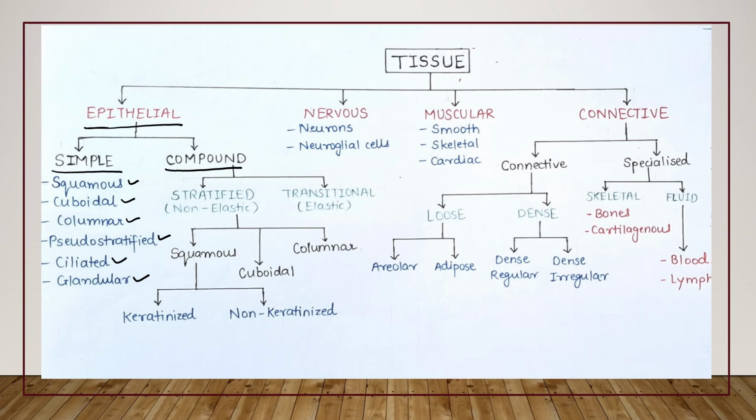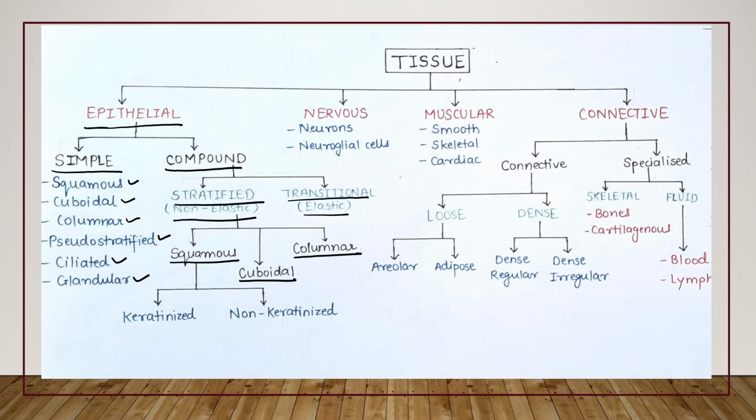Next is compound epithelial tissue. Here we have two major types. First is stratified, also called non-elastic, and second is transitional, also called elastic compound epithelial tissue. Now stratified or non-elastic compound epithelial tissues are classified into three types. So this is squamous, cuboidal and columnar.